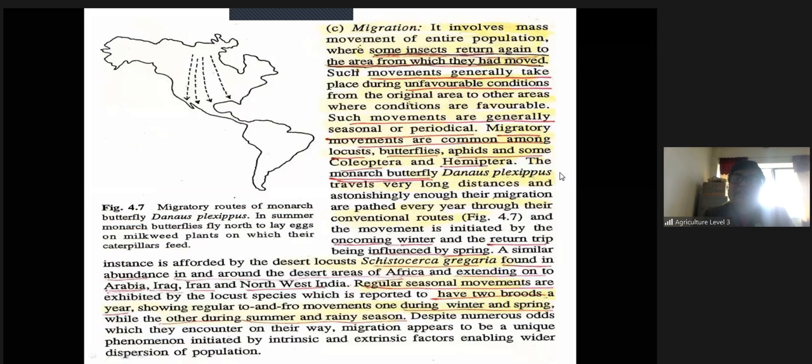One is started in the winter, and the individuals come back on the return trip, being influenced by the spring. So the start is winter and the end is spring. A similar instance is afforded by the desert locust, Schistocerca gregaria, found in abundance in and around the desert areas of Africa, extending onto Arabia, Iraq, Iran, and Northwest India.